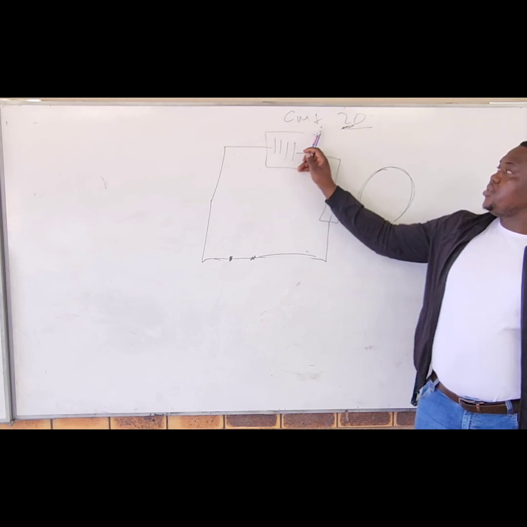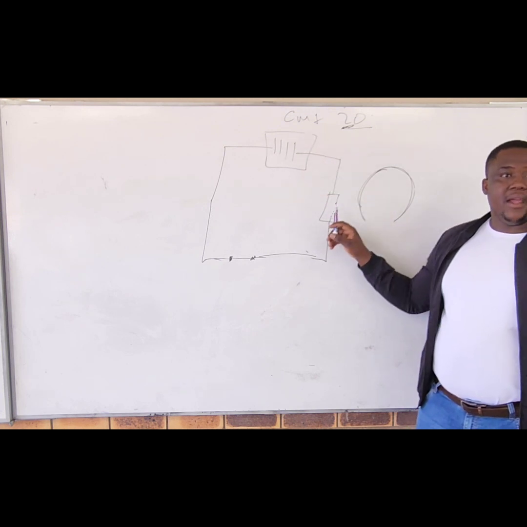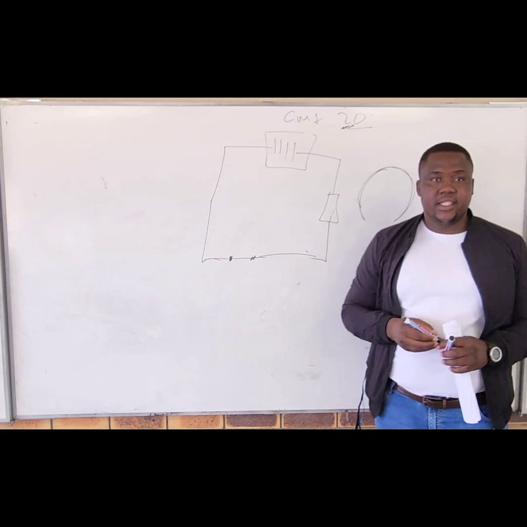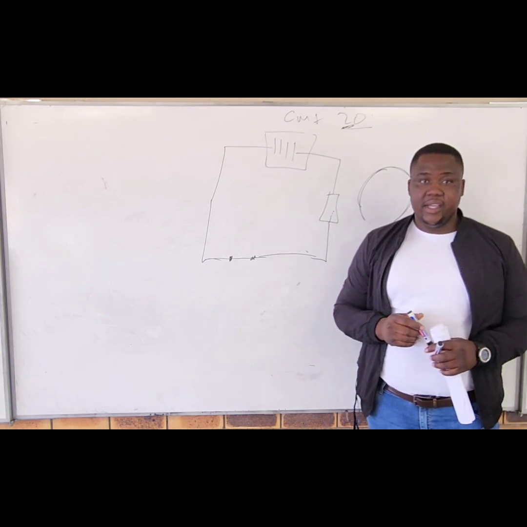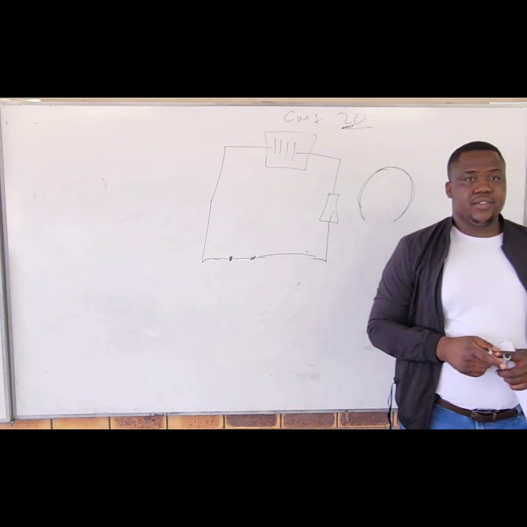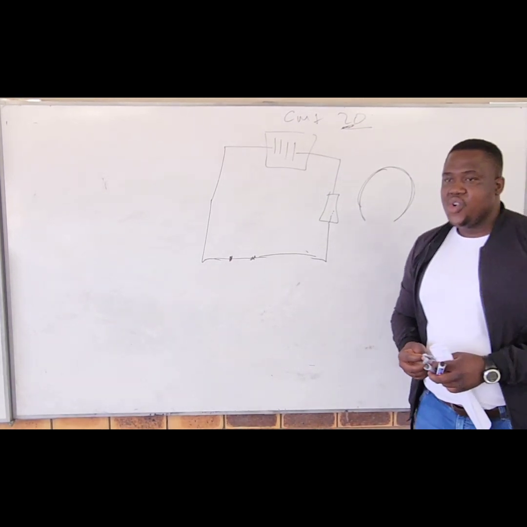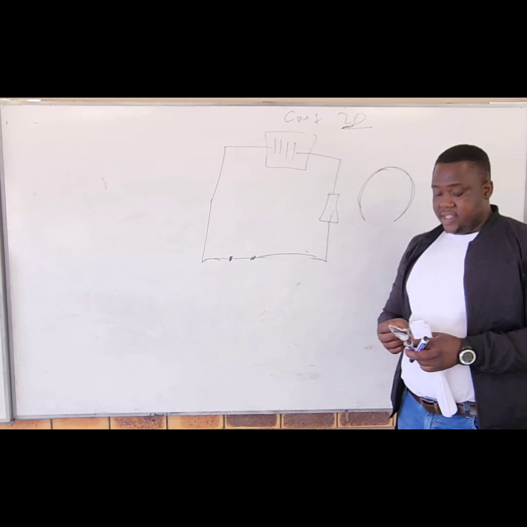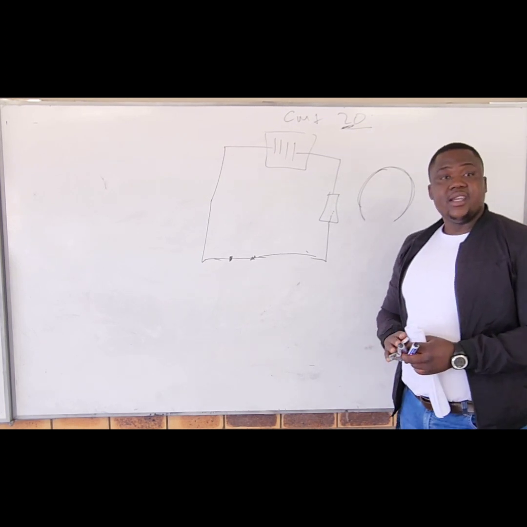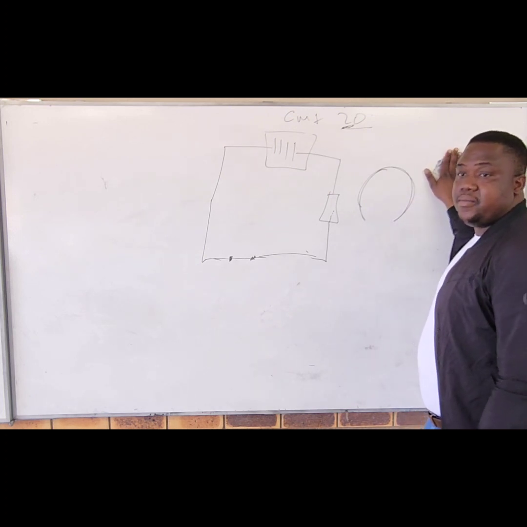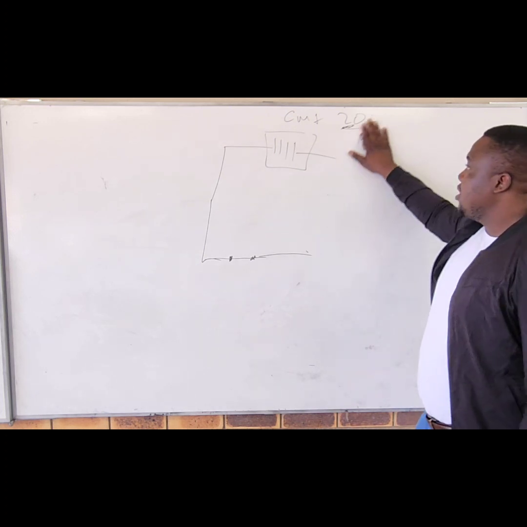So do not confuse EMF and the V load, because some energy gets lost in the form of heat. As I've told you, the issue of terminal voltage relates more to the statement that we made in the first lesson, that current does not flow in an incomplete circuit.